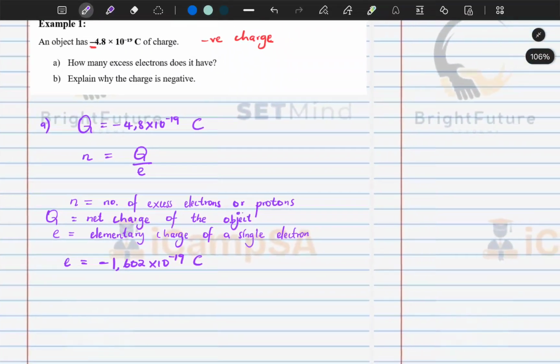In our case now, remember, if you have a negative net charge, what that means is you have more electrons than protons. Remember, electrons are negative and protons are positive. So if you have more electrons in that object, the net charge will be negative.